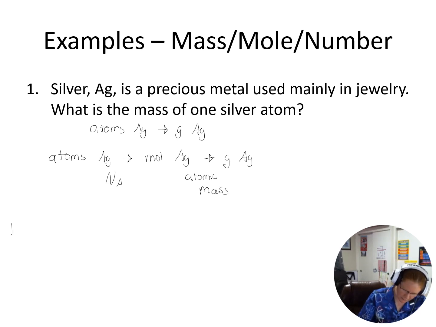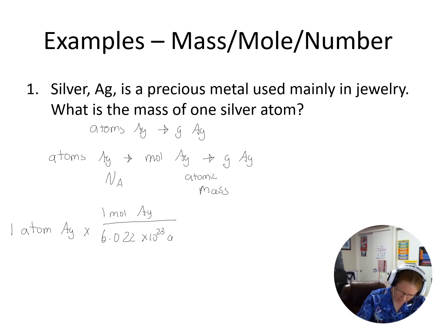So 1 atom of silver times 1 mole of silver and 6.022 times 10 to the 23rd atoms of silver. And then we look on the periodic table, it's 107.9 grams per mole. So then I get 107.9 grams of silver for every 1 mole of silver.